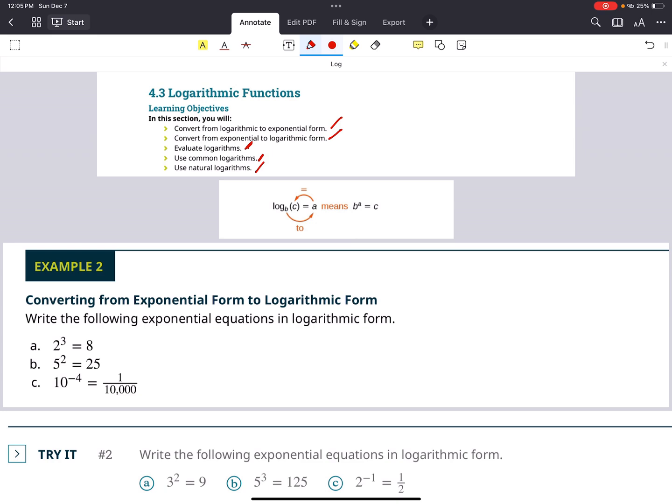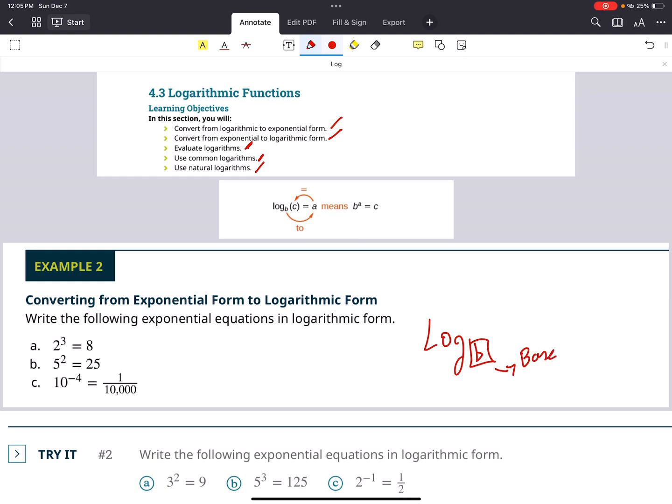Now, on your calculator, I'm pretty sure you've seen the word log, right? And let's say we have a log of base b. So this b down here is called the base.